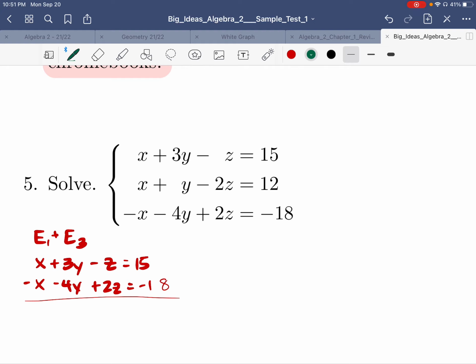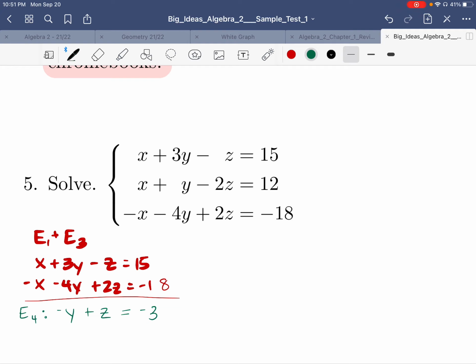You get to honors pre-cal, they'll tell you something different, but that's fine. The x's cancel. We have negative y plus z is equal to negative 3. This is my new equation, so I'll call it E4. So our fourth equation is negative y plus z equals negative 3.